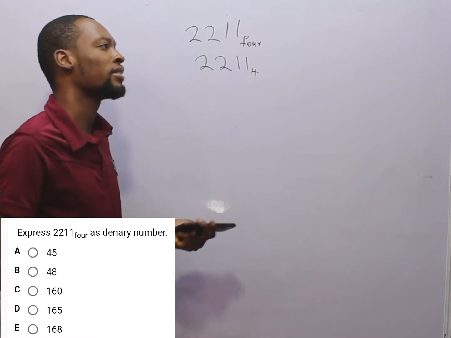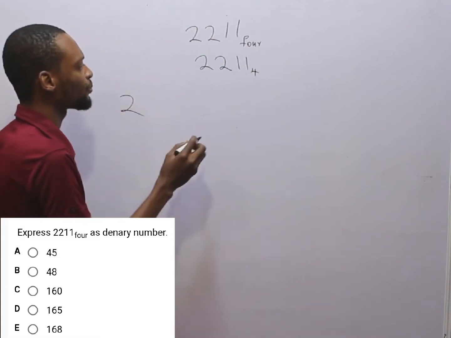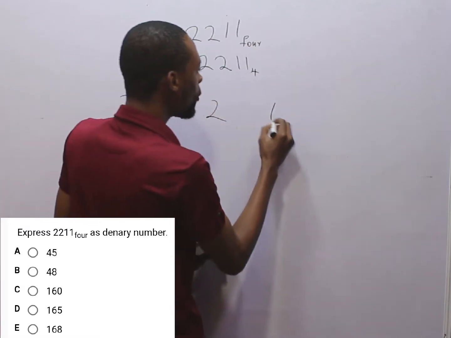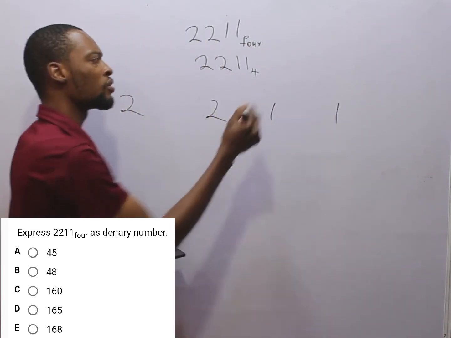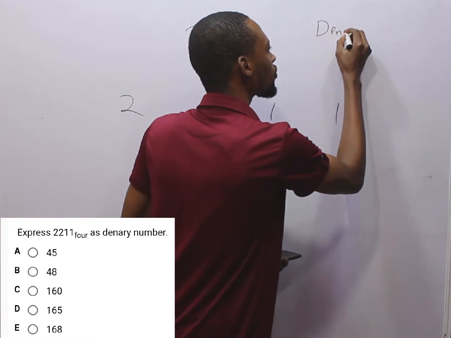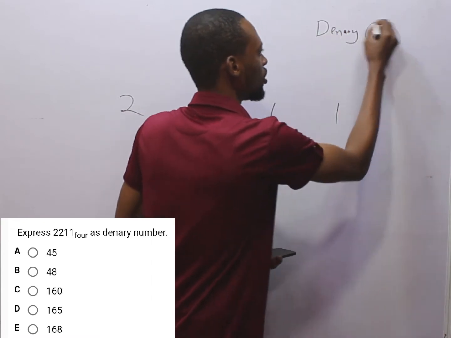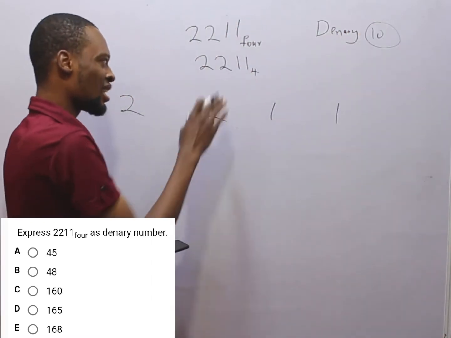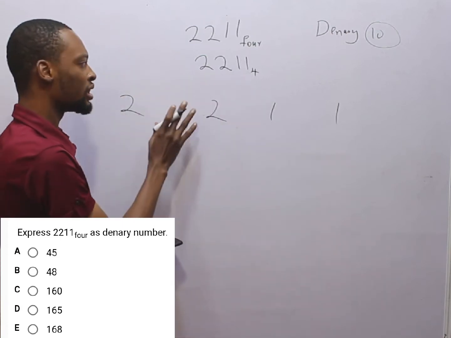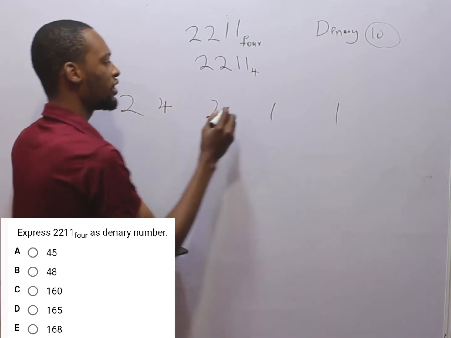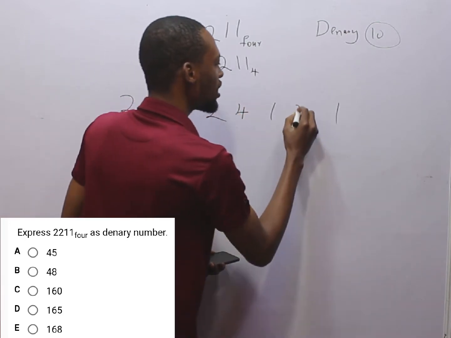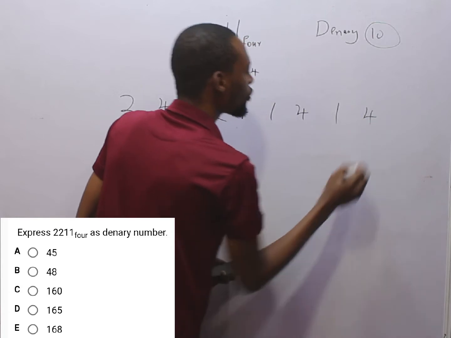You bring out the number, spread the number 2, 2, 1, and 1. What are we converting to? To denary or base 10. So what base is it? Base 4. Now bring out the base in front of each of the numbers. So here 4, here 4, here 4, here 4.